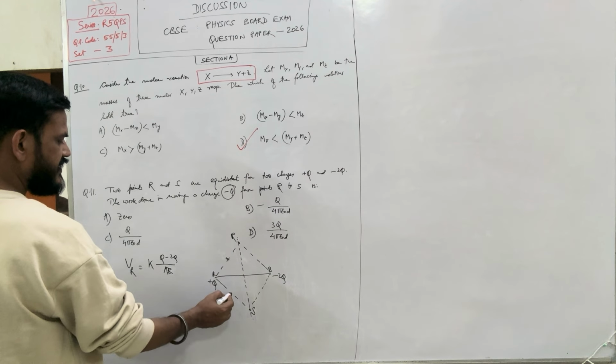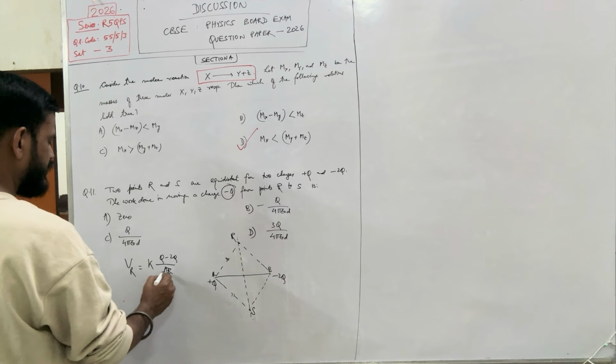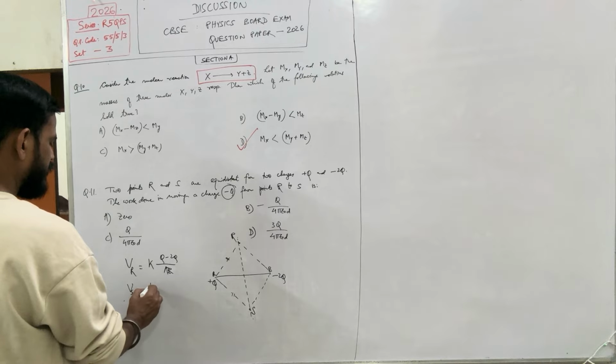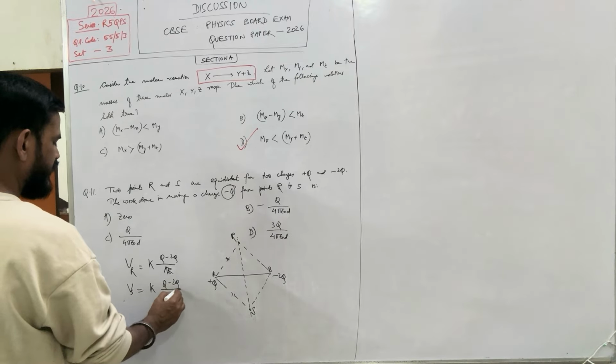And since this is equidistant, AR is equal to AS, and potential at S will be KQ minus 2Q by AS.